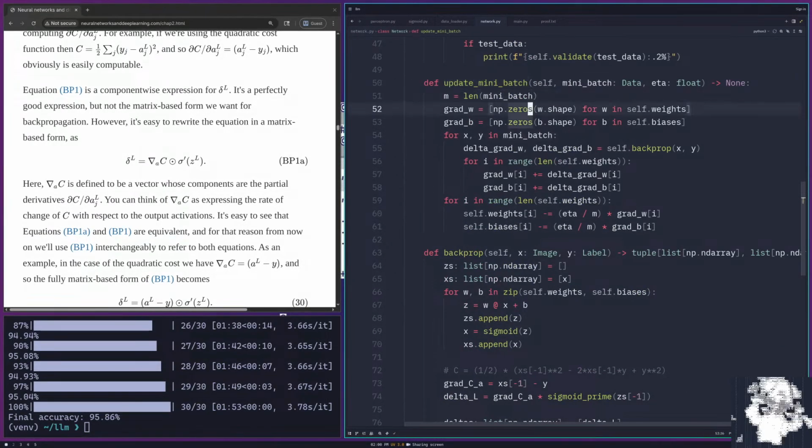How do we update our weights and biases? So we figure out the gradient of the cost function with respect to W and B. For each example, the gradient changes a little bit.